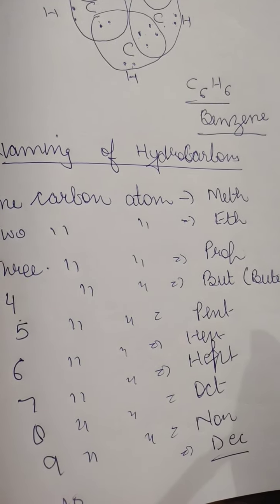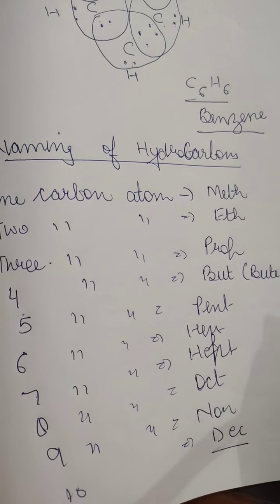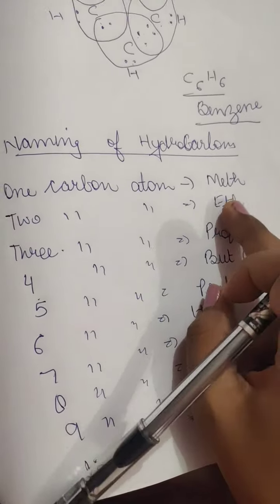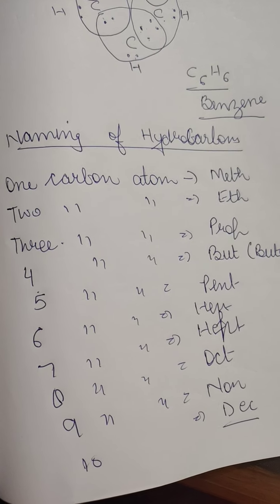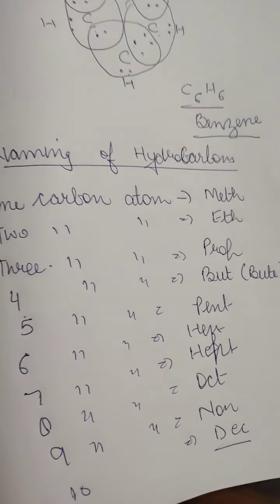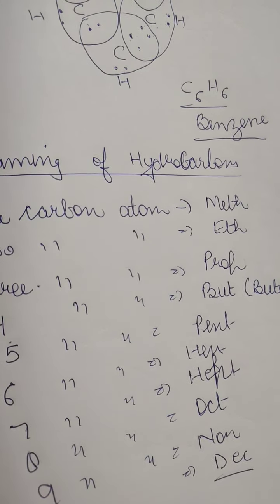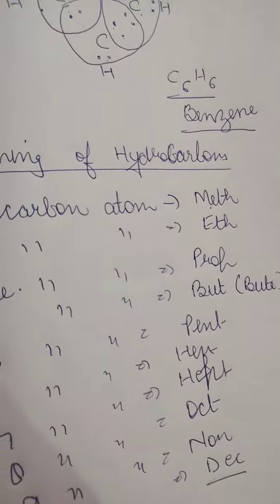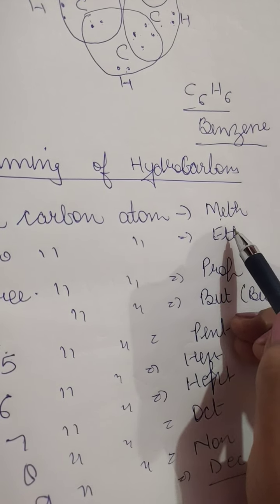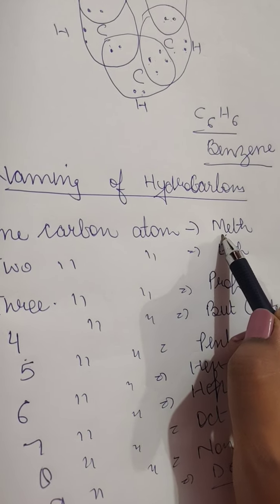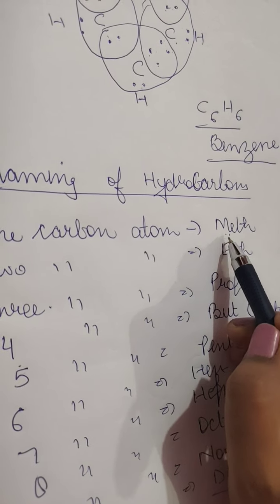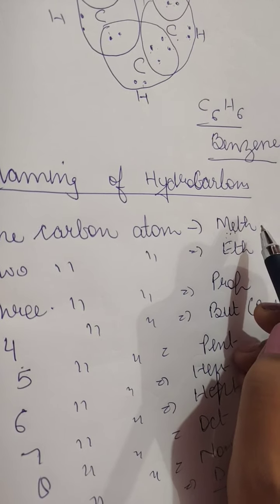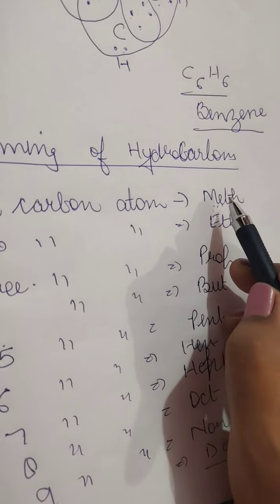In any saturated hydrocarbon which contains a single bond, these are the first-letter prefixes. The first word will be meth, and these words will be put as a prefix. If a saturated hydrocarbon has a single bond, we use meth first, and then the single bond has a name, ane, so it will be methane.